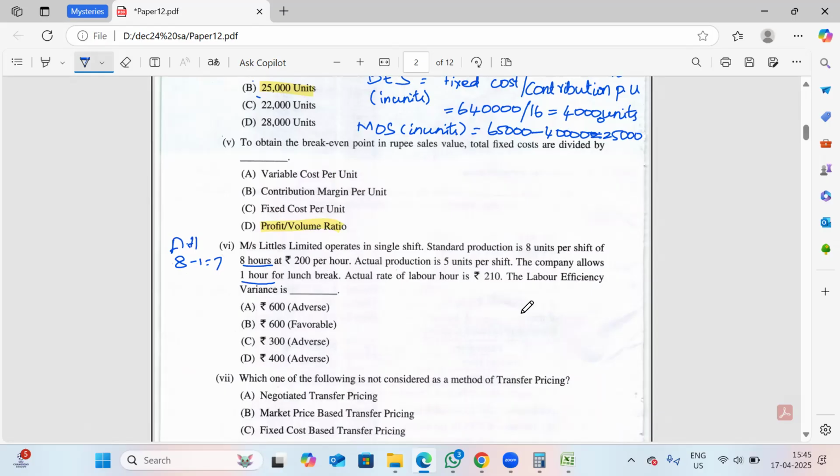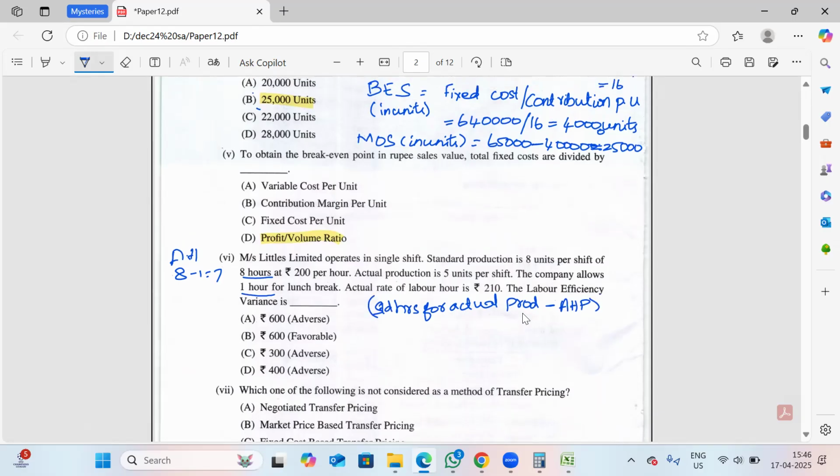My formula for labor efficiency variance is standard hours required for actual production minus actual hours of production, into standard rate.